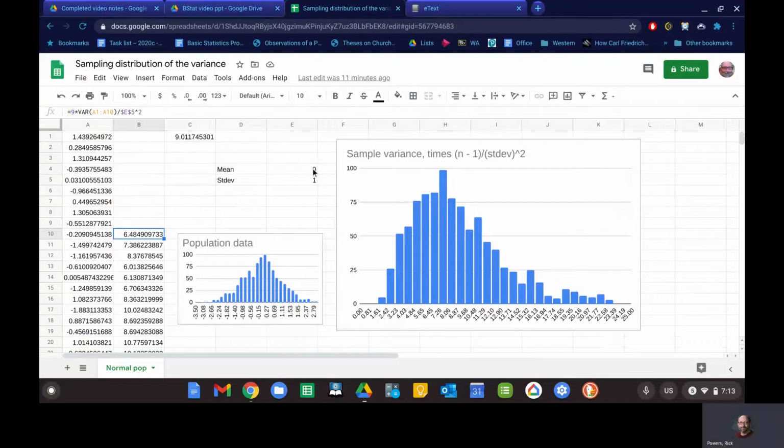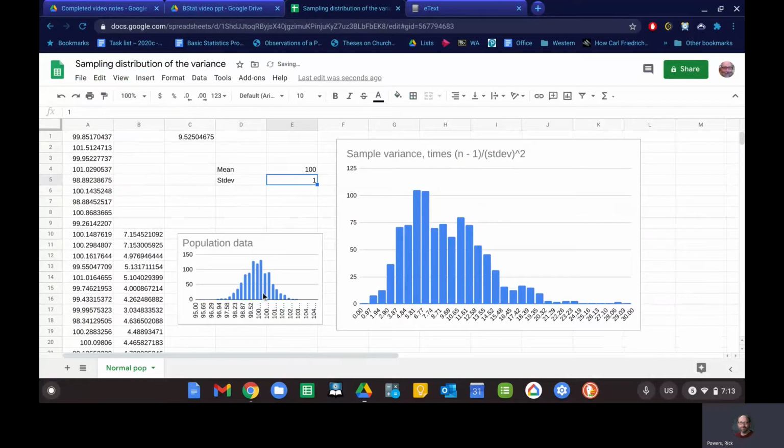Now, what I'm going to do is use the magic of the spreadsheet to change this bell-shaped data to look a little bit differently. I'm going to change it from a mean of 0, which is what it has right now, to a mean of 100. It's again bell-shaped here, but the variance distribution is again not bell-shaped. And now I can change the standard deviation of this.